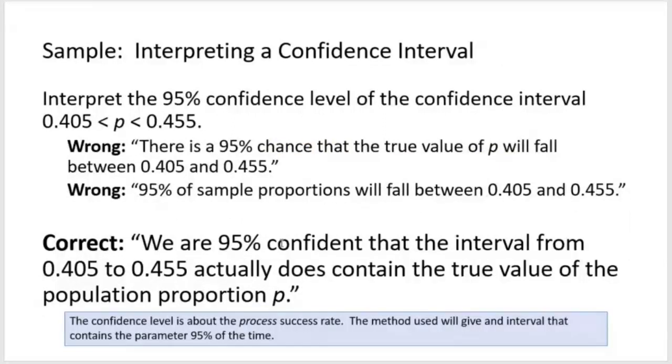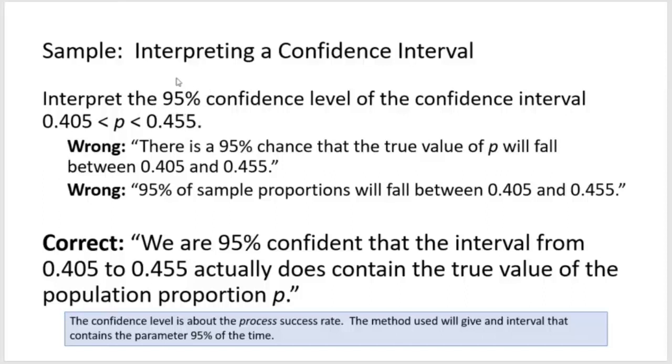So right now, before we do anything else, let's just talk about how to interpret a confidence interval, because there are some wrong ways to do it. I have two wrong ones in here, small, and then I have a large one that's correct. Suppose your homework tells you to interpret a 95% confidence level of the confidence interval that P lies between 0.405 and 0.455.